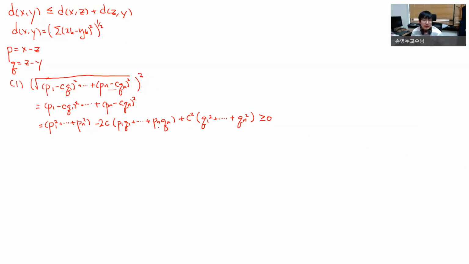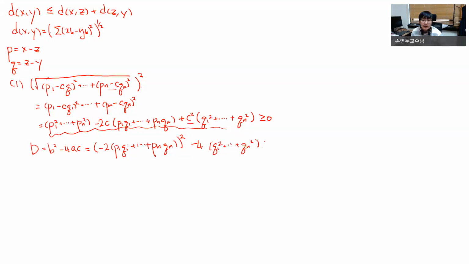So if we see this formula as a quadratic equation in terms of c, then we can make the discriminant value, we know, b squared minus 4ac, which is this one. b is minus 2 times (p1 q1 plus ... plus pn qn), squared, minus 4 times a, which is (q1 squared plus ... plus qn squared), times (p1 squared plus ... plus pn squared), and this should be less than or equal to 0 because the quadratic is always greater than or equal to 0.